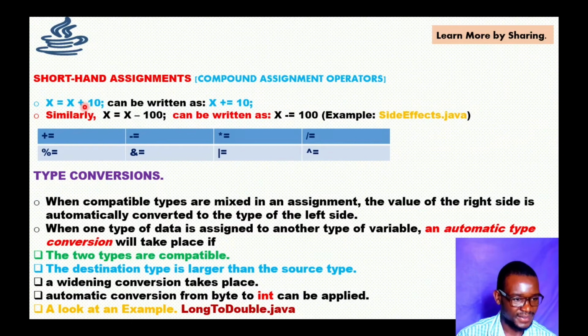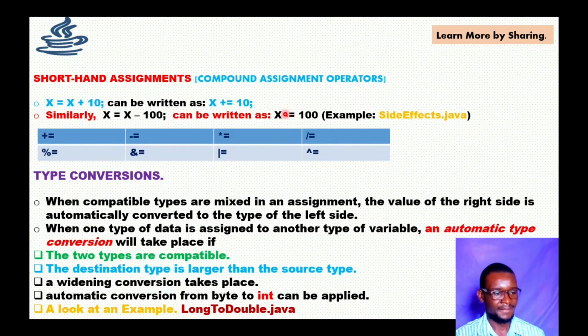Similarly, we have x equals x minus 100. So the shorthand form of that can be this. Suppose x is a value, for example 150, you can use the shorthand assignments of that nature. So we have plus equal to, minus equal to, asterisk, which is multiplication, equal to.